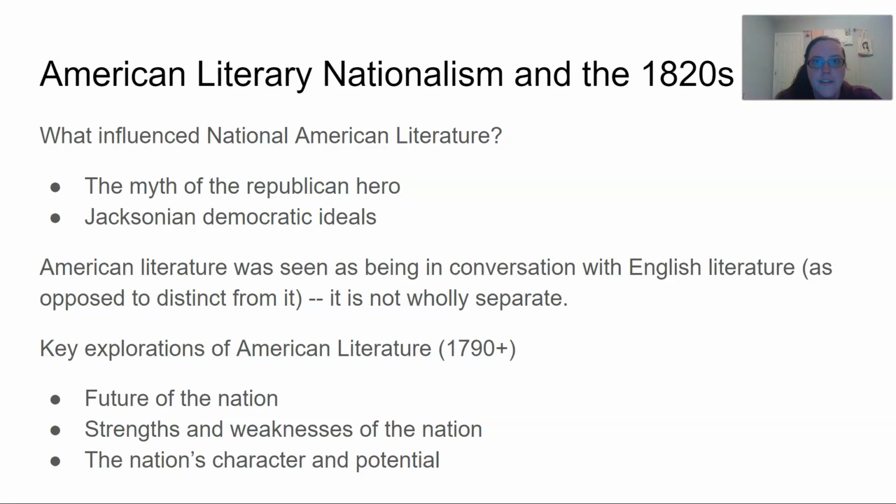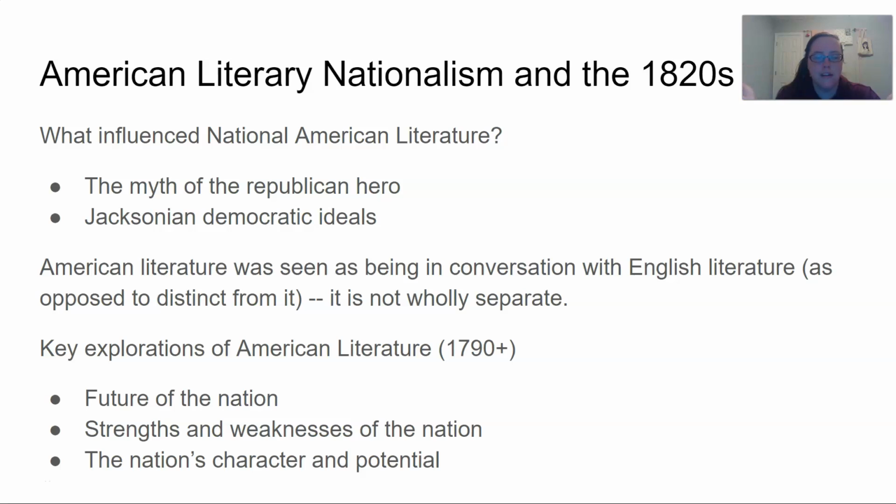The other thing that I think is important that the text stresses here and at the end is that American lit doesn't just exist in America. It's not just a literature that's influenced by what's happening in America. It is seen as being in conversation with English lit, British lit, literature outside of the United States.